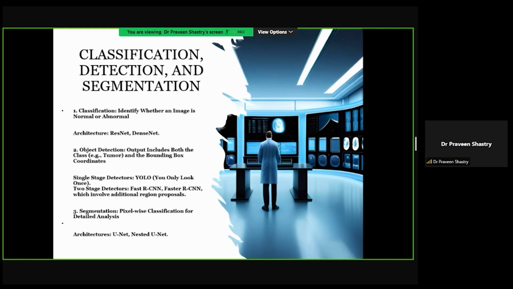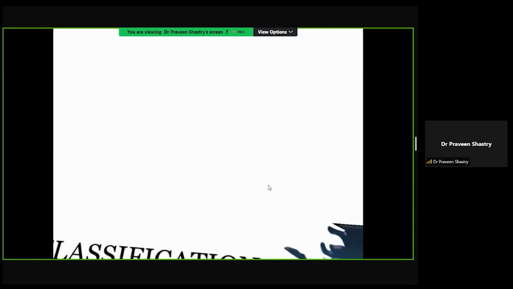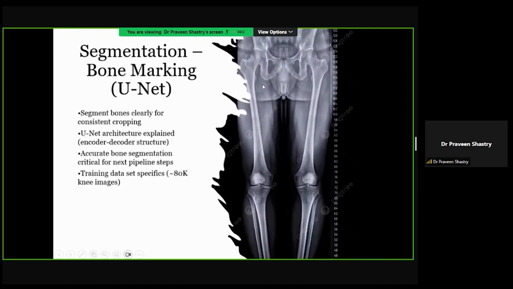Finally, you have segmentation, wherein the entire image is pixelated and each pixel is classified. It goes back into plus or minus. So we have all these tools. How did we get started? We took the entire X-ray, and the first thing was to identify the knee X-ray. So we cropped the entire thing using a segmentation model.